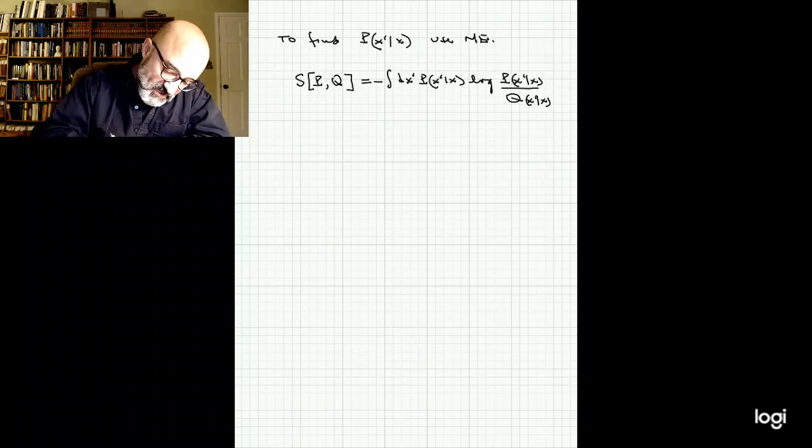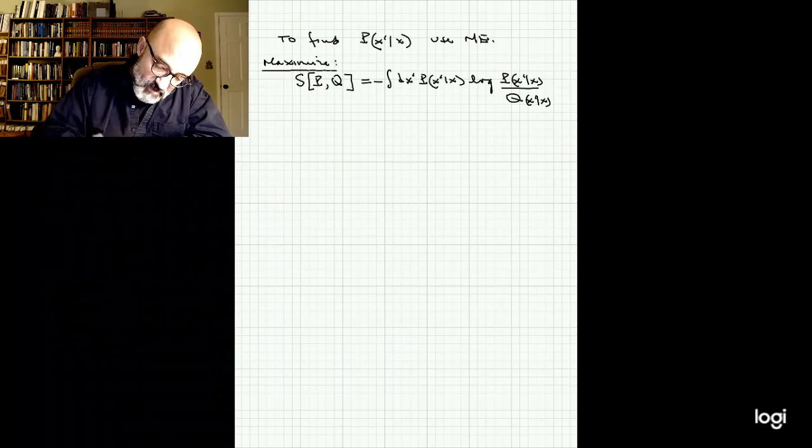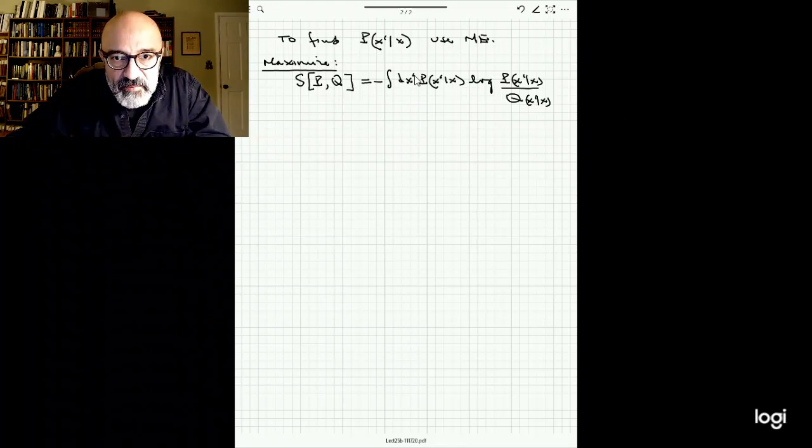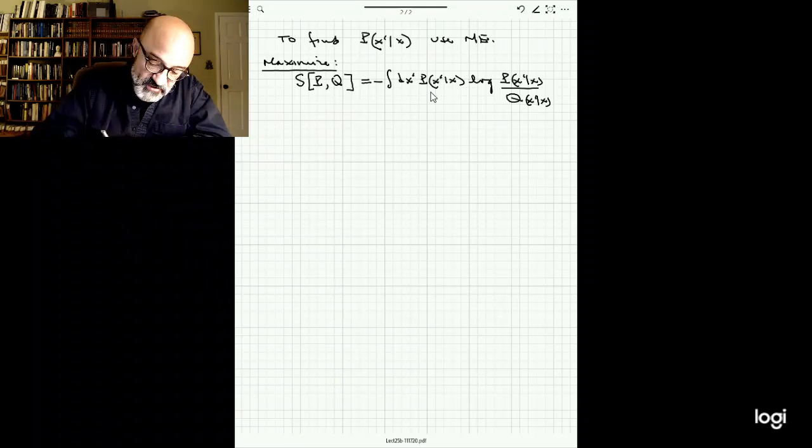So maximize, nothing new from what we have seen before, right? It's just a matter of deciding what it is you're talking about, the x's, the new position to which you're going. You maximize an entropy relative to a prior, subject to the appropriate constraints.